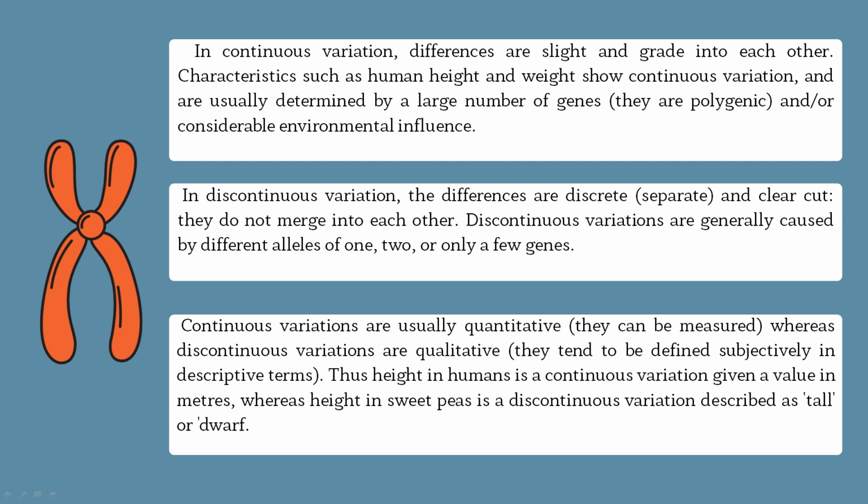Continuous variations are usually quantitative, whereas discontinuous variations are qualitative. Thus, height in humans is a continuous variation given a value in meters, whereas height in sweet peas is a discontinuous variation described as tall or dwarf.